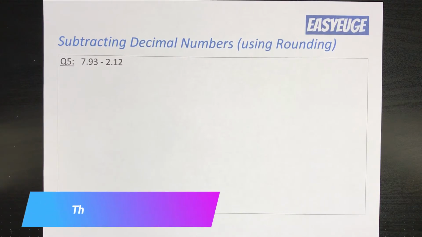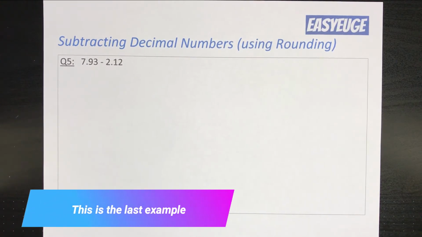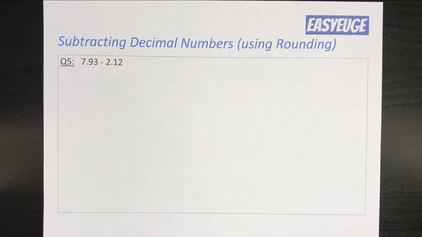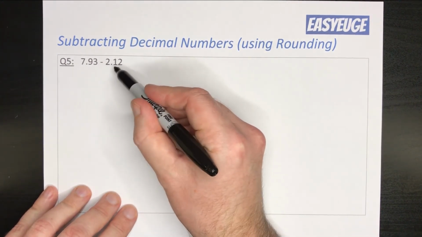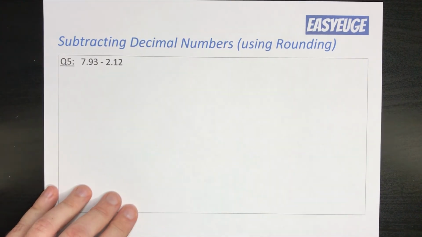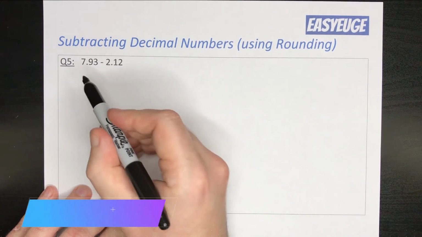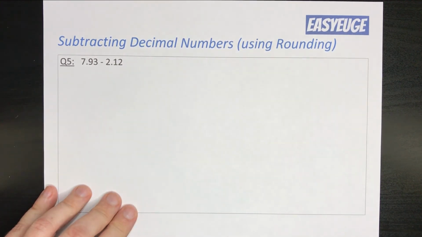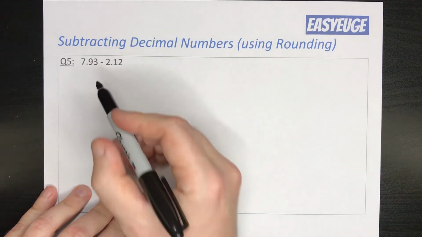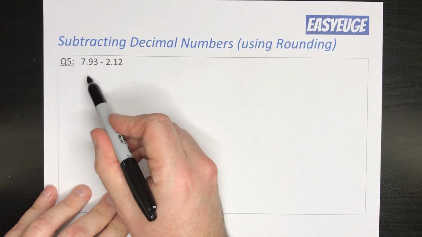In this next example, I'm going to start by using the rounding approximation method before I go straight into doing the calculation. So we have 7.93 take away 2.12. So that is definitely a decimal subtraction question. But before we start, let's have a look at this 7.93. What number is that close to? What could we approximate that number to, or round it up to? Round it up or down? 7.93 is very close to 8.